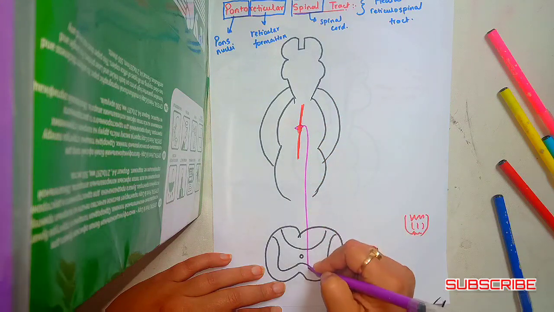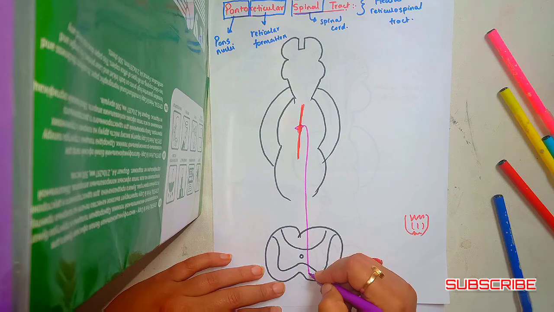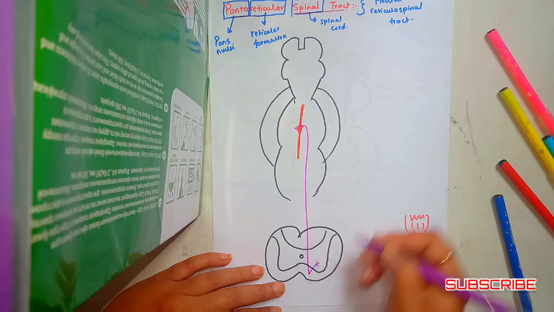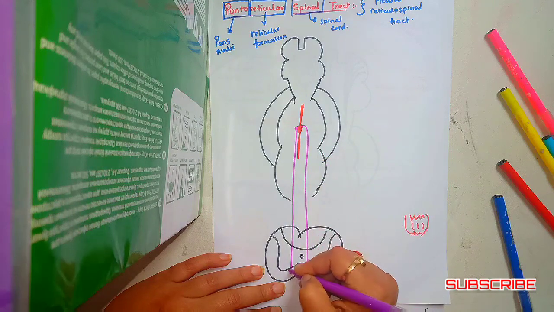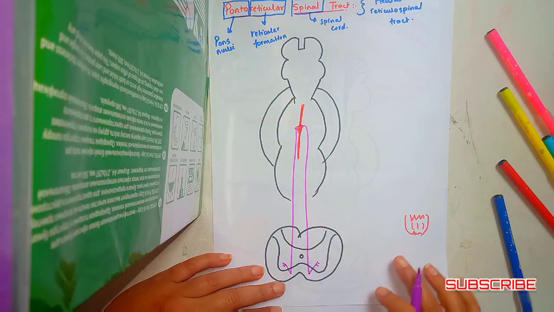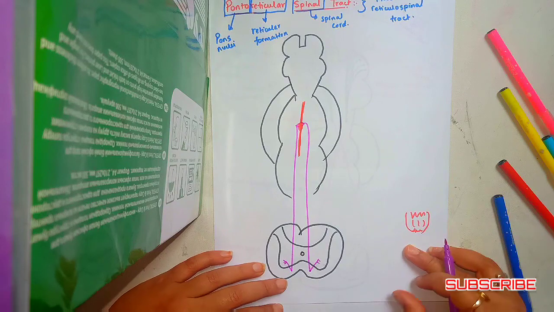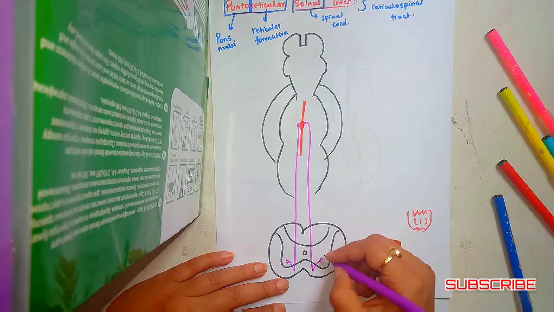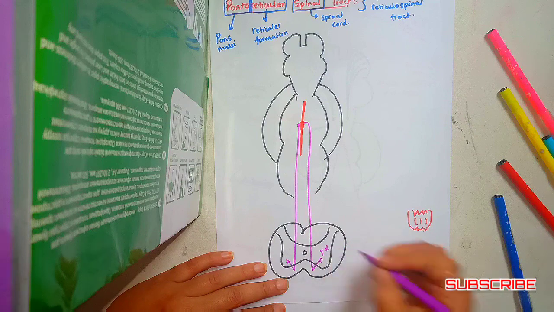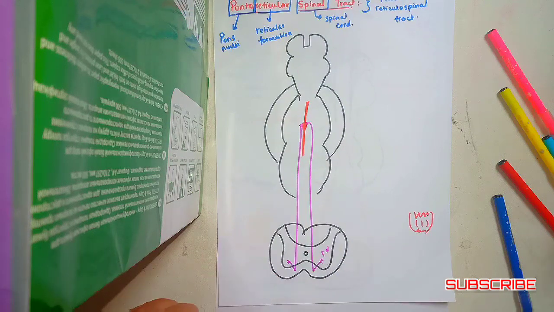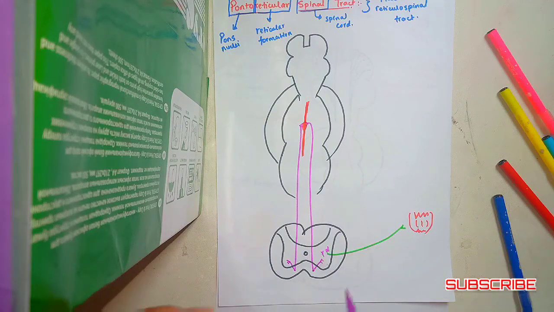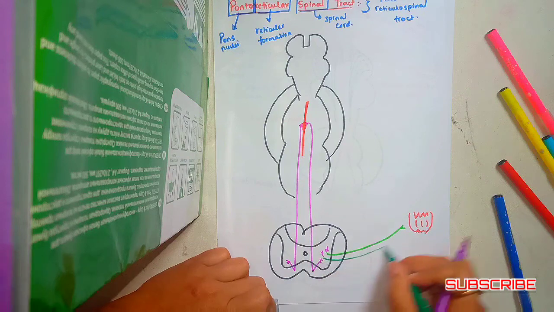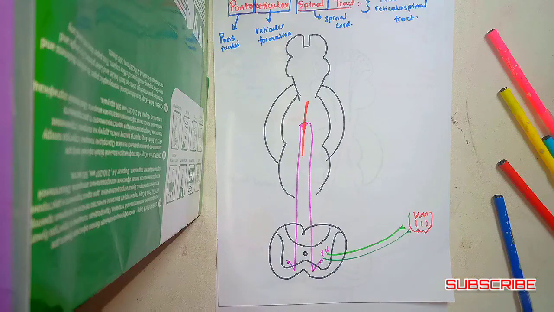Same here, from anterior white column to the anterior horn. We have here similar gamma and alpha, and here it stimulates the muscles like this.